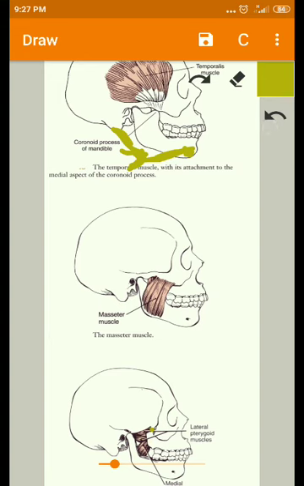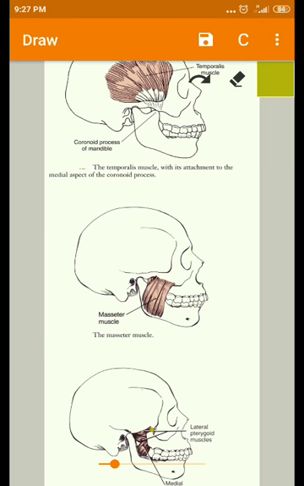Now coming to the mandibular elevation, we have seen so many muscles which help in mandibular elevation. The mandibular elevator muscles are the temporalis muscle and also the masseter muscle, and also the superior portion of the lateral pterygoid is active in mandibular elevation. So how it happens, now we are going to see.